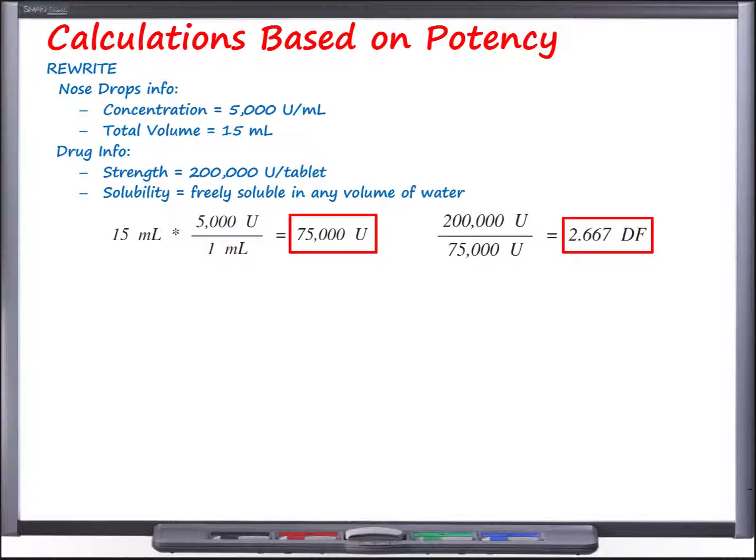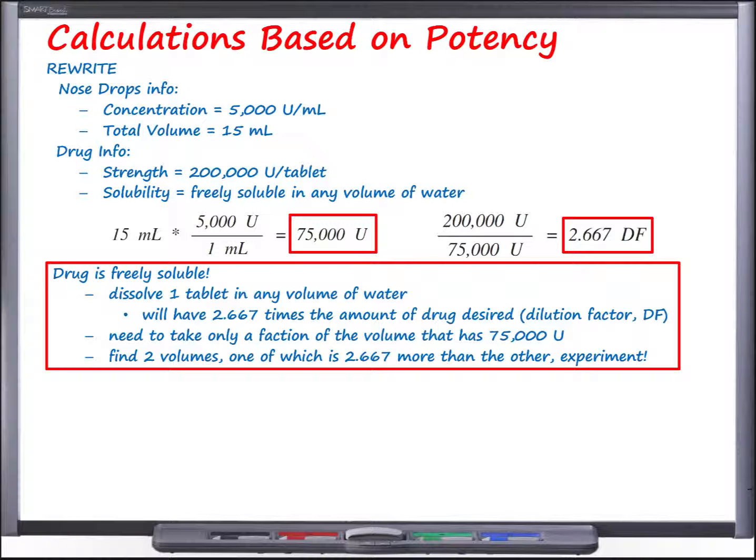I only want 75,000, I'm getting 200,000, which means I'm getting 2.667 times, and that is essentially 2 2/3 more drug than I actually want. Okay, so I'm going to have to deal with that. But now I know the relationship of how much more I'm getting than I actually want. I'm getting 2.667 times the amount that I actually want.